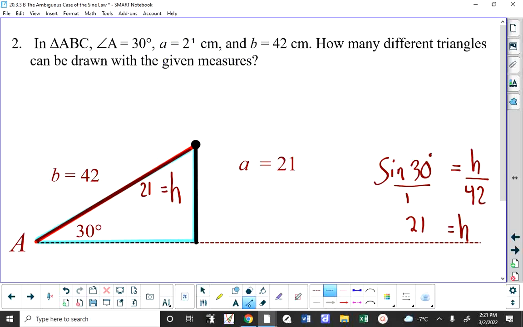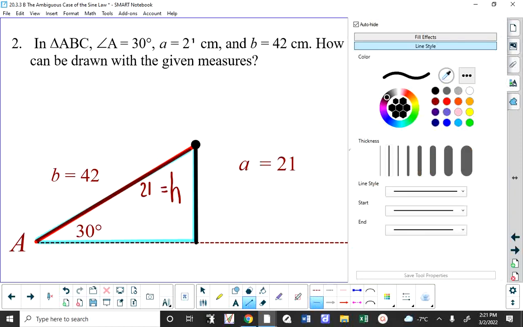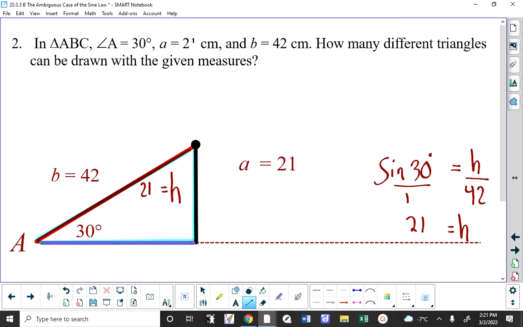And that means that there is only one triangle. It's this triangle. So in this particular case, you have one triangle, and that's the answer. One right triangle.